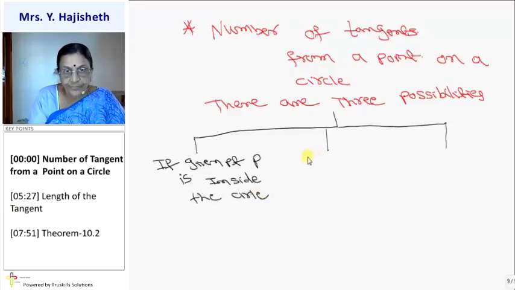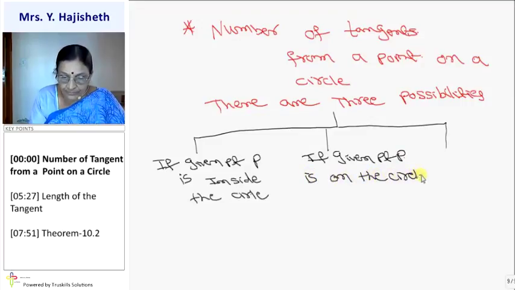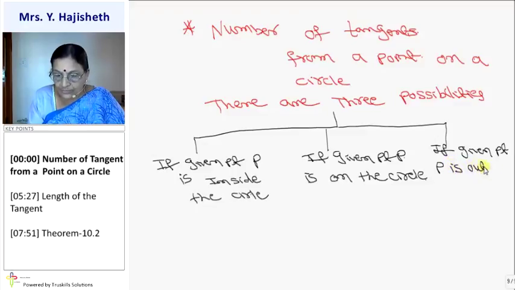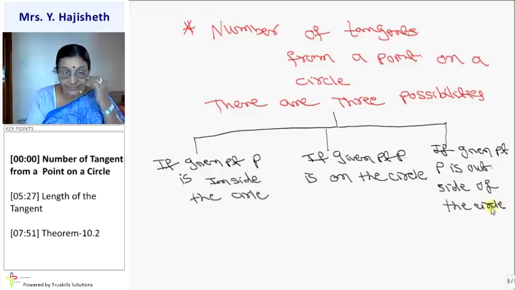Second case is if the given point P is on the circle, then how many tangents can be drawn? And third case is if the given point P is outside of the circle. Now I draw a different figure for each situation.